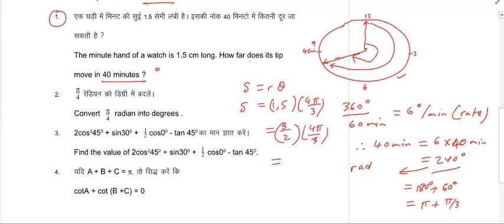So the 3s cancel out. 2 and the 4 pi, we should get 2 pi as your answer. So it moved 2 pi units, which is approximately equal to, if you take 3.14 as your approximation value for pi, about 6.28 centimeters.